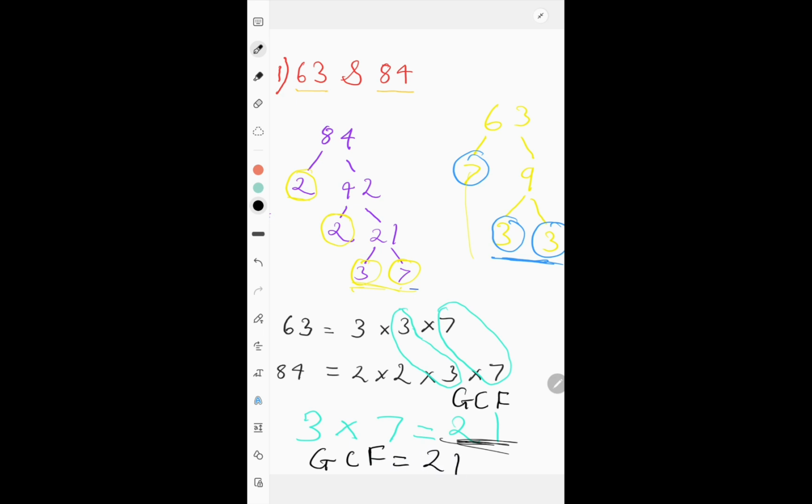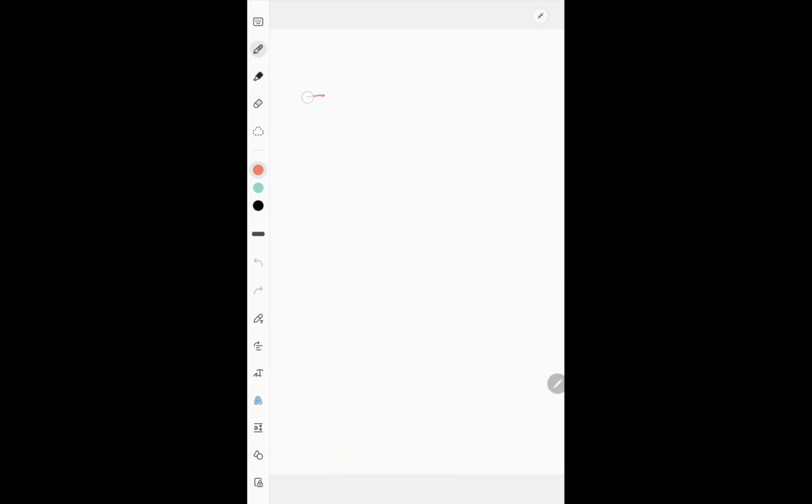Let's move on to number 2, where we have 48 and 72. Let's start with the prime factorization of 48. And we will start with the factors of 2 and 24. 2 times 24 equals 48. So they are factors. Now 2 is prime, so we are done there. We can break down 24. 2 times 12 equals 24. So 2 and 12 are factors. 2 is prime, so we are done there.